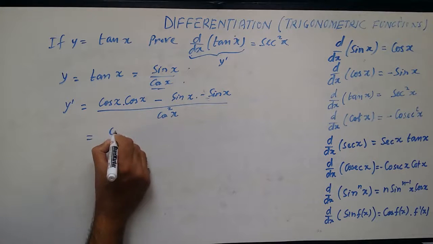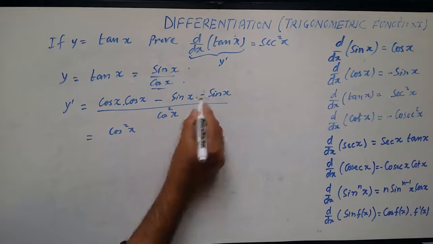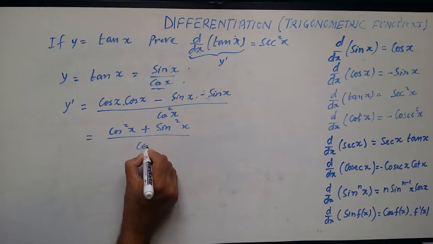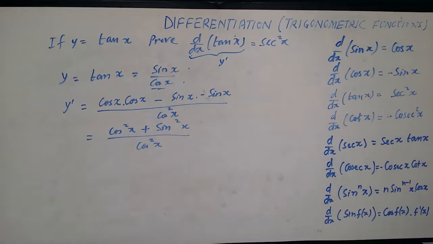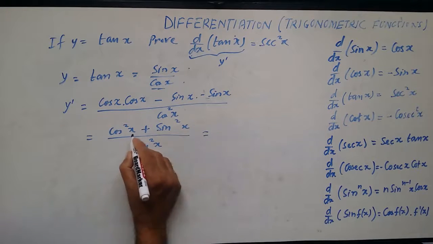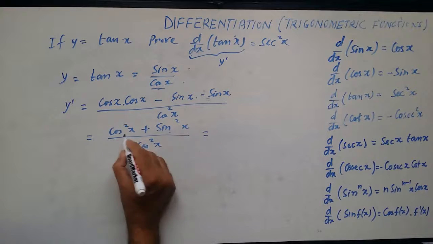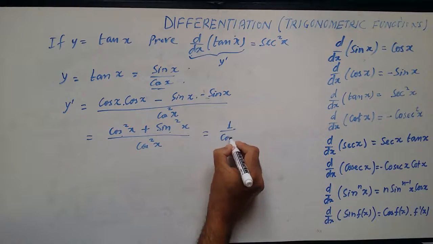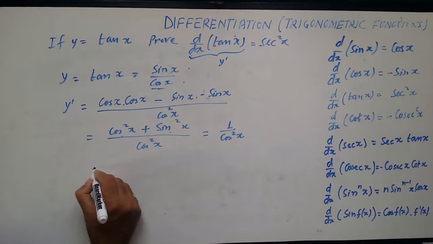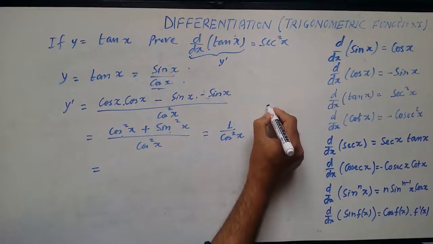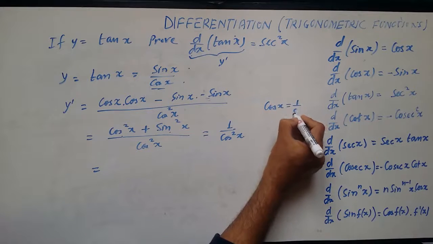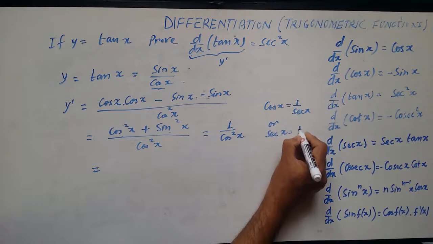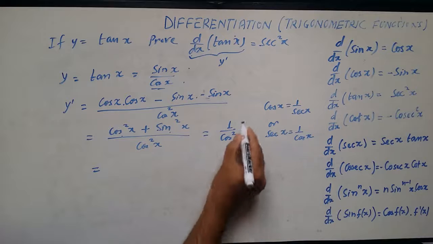So this becomes cos square x, minus and minus becomes plus, sin square x upon cos square x. So we know the basic trigonometric identity, that is sin square x plus cos square x is equal to 1. So this becomes 1 upon cos square x, and we know that sec x is equal to 1 upon cos x.